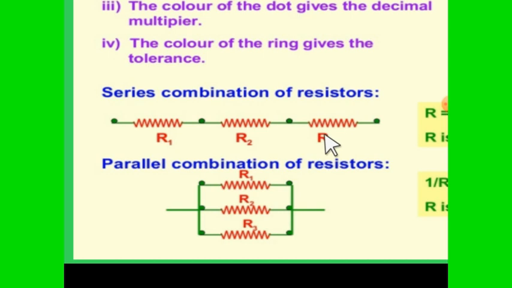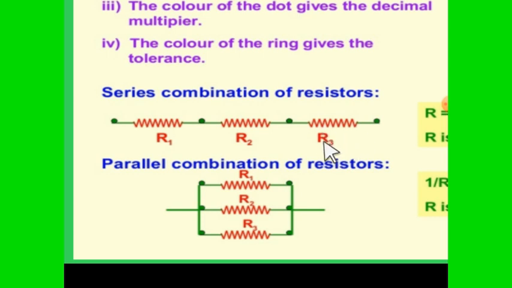Let's try to see. In the case of series connection of resistors, connected one after another, the same current will be flowing across the different resistors. You have to note this down. Whatever current flows here, that same current will also flow here, and also through this resistor.